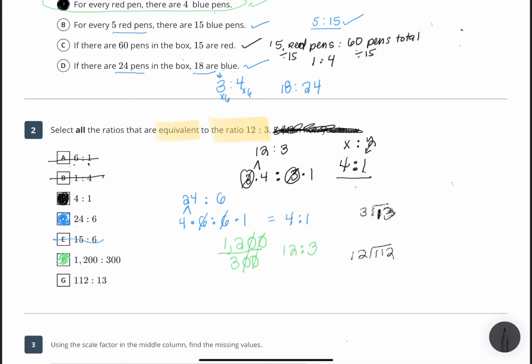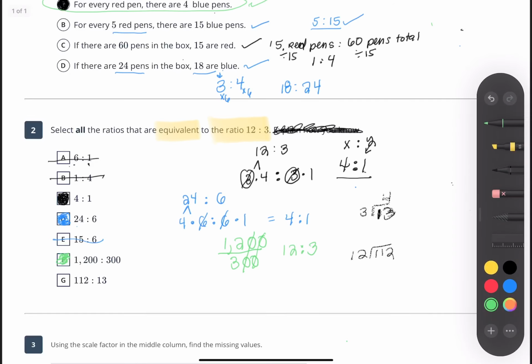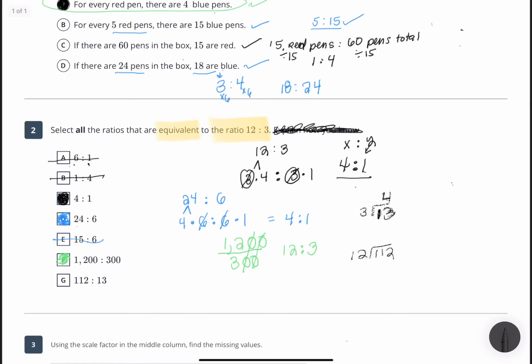Now, if you're good in math, you probably already know that this is not going to be an equivalent ratio, but I just want to show you guys the steps in how to figure it out. So when I divide 13 divided by 3, let's get 4, which I didn't even write in my pen. I don't know why I selected that choice. But it's going to be 4, which is 12.